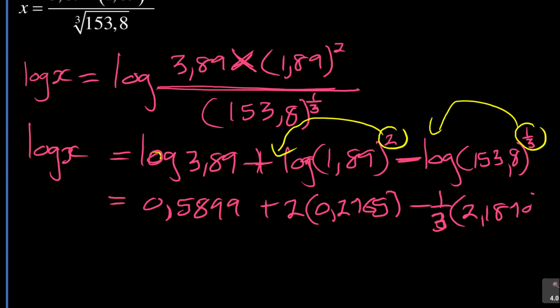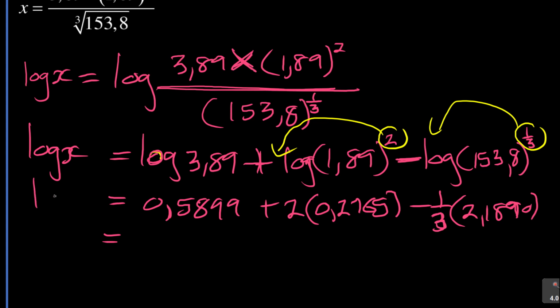You see, that is that, guys. So you just do that, and then from here add for me everything here. Say 0,5899 plus 2 times 0,2765 minus 1/3 bracket 2,1890. I don't know whether it's visible enough. If you can do that for me.